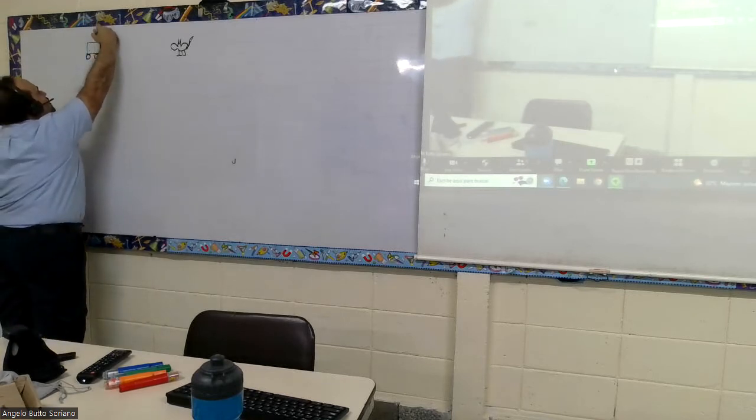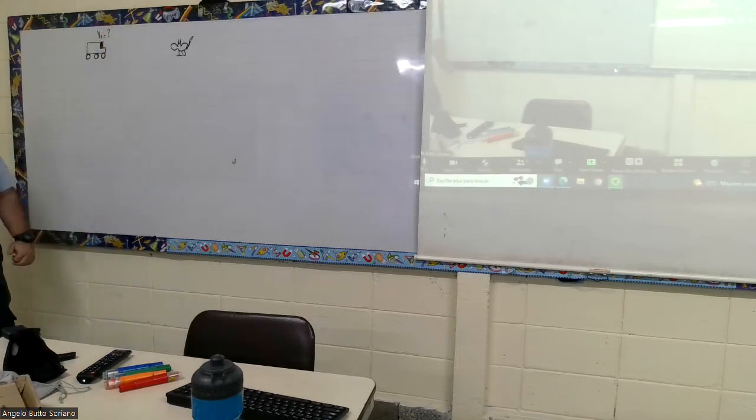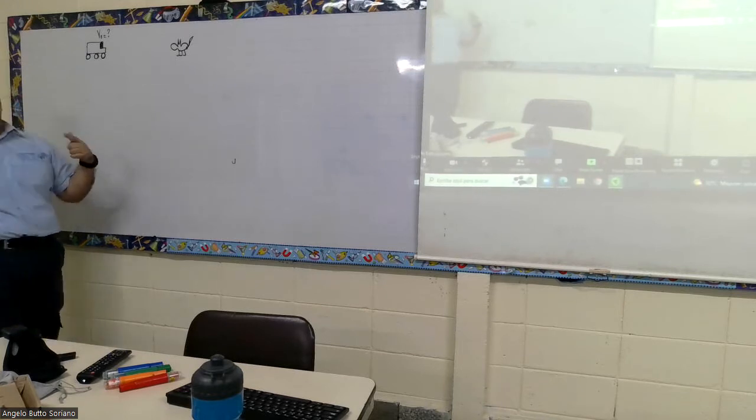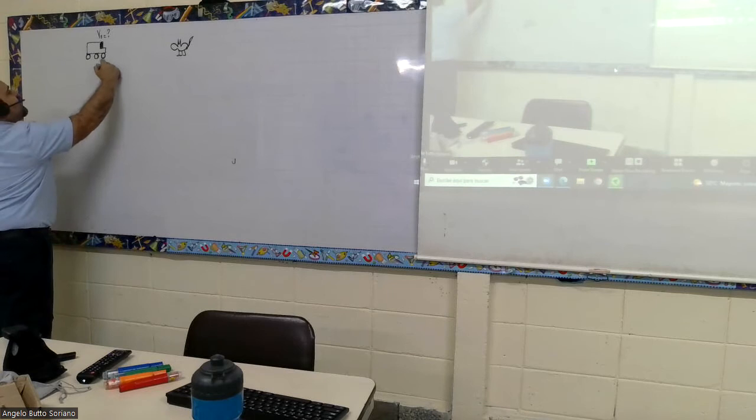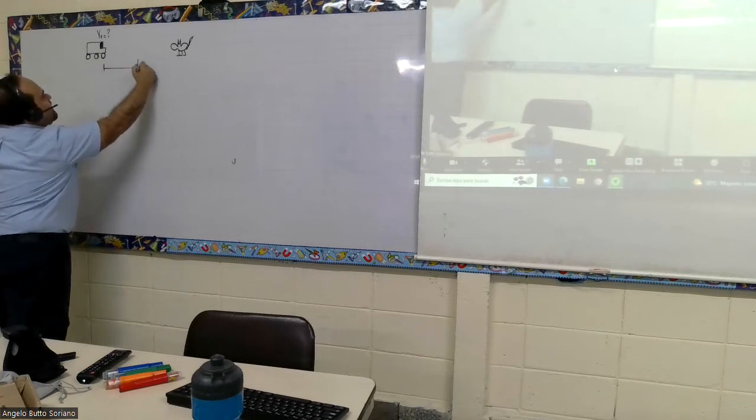We have no idea what it will be. The separation between the car and the dog is a distance d, because the problem says that when the driver of the cable car sees the dog, he slams the brakes and the car moves a distance d.